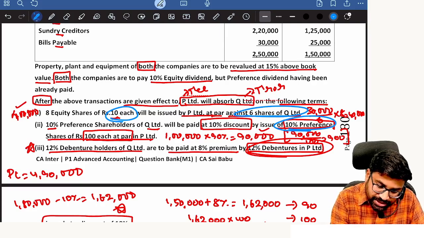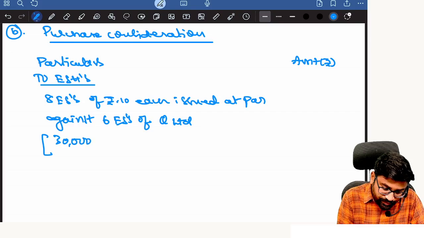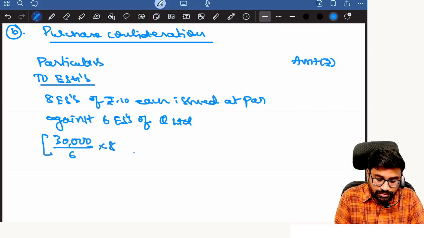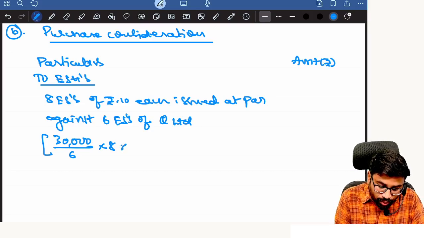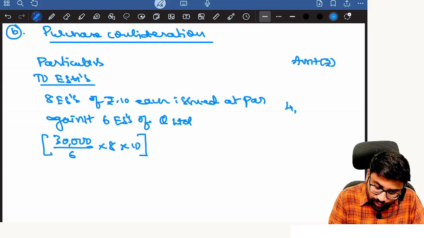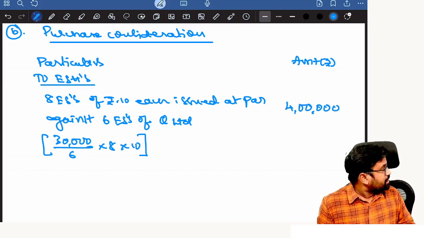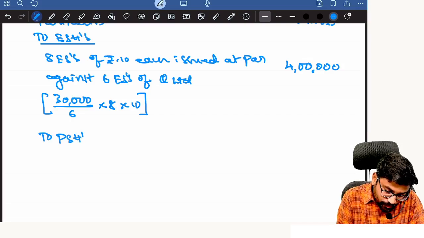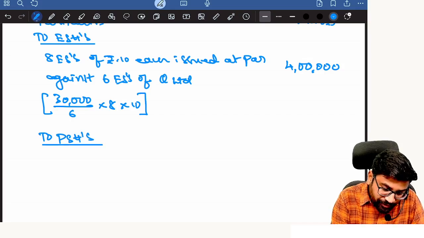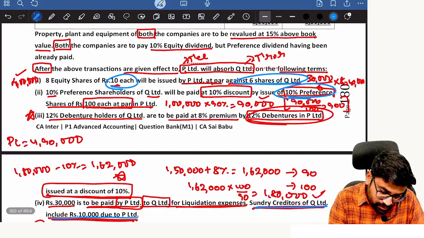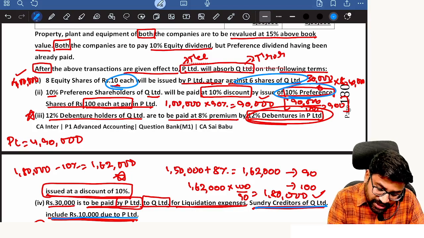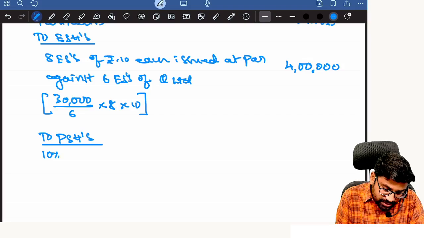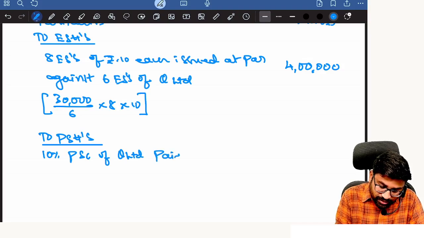In Q Limited total how many shares? 30,000 divided by 6 into 8. That means how many shares? 40,000 into 10. So total 4 lakhs is the PC for equity shareholders. Now coming to preference shareholders. 10% preference shareholders of Q Limited will be paid at a 10% discount. 10% preference share capital of Q Limited paid at 10% discount, right?